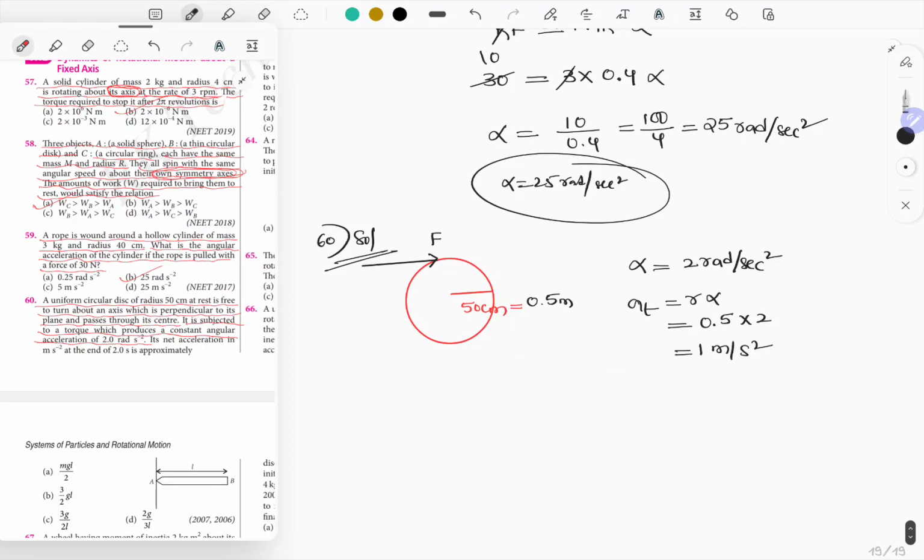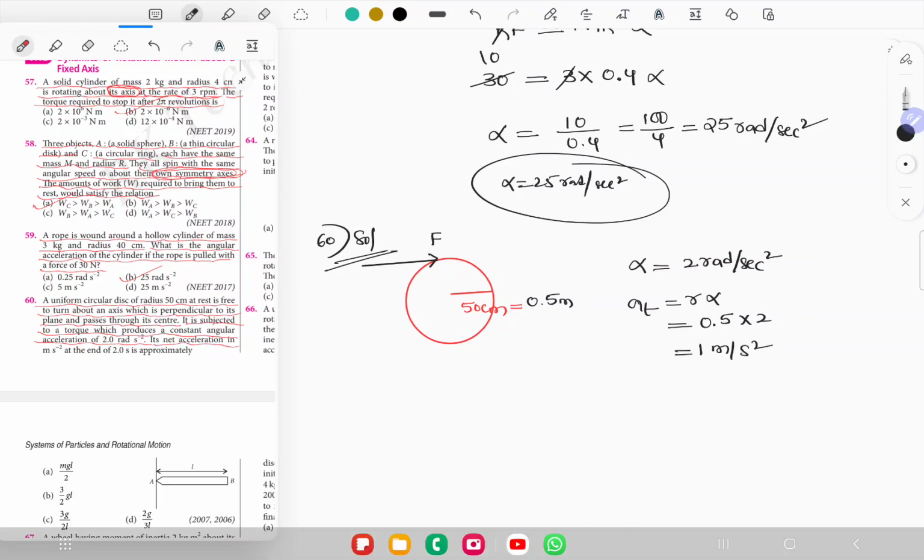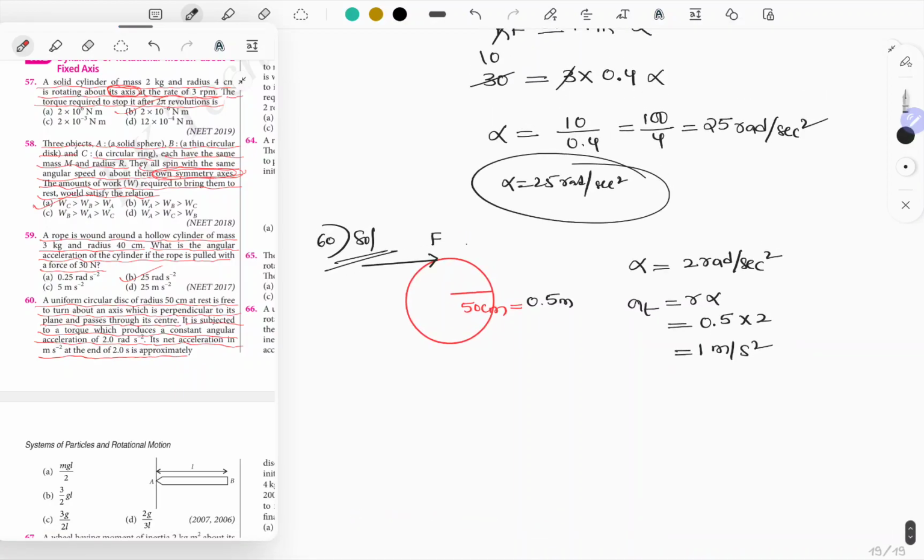Super. Now this is not what they're asking. It's the net acceleration in meter per second square at the end of 2 seconds. Now this object is rotating like this. When this object starts rotating, its angular velocity increases. Omega initial is equal to 0, as the object is initially at rest. Let me find out omega final.